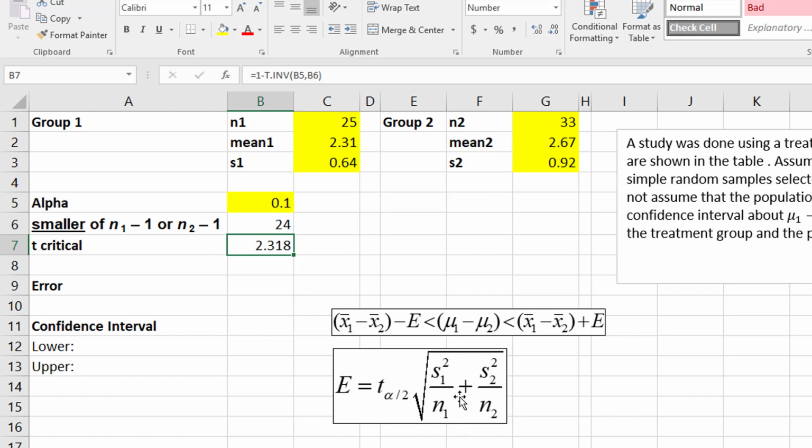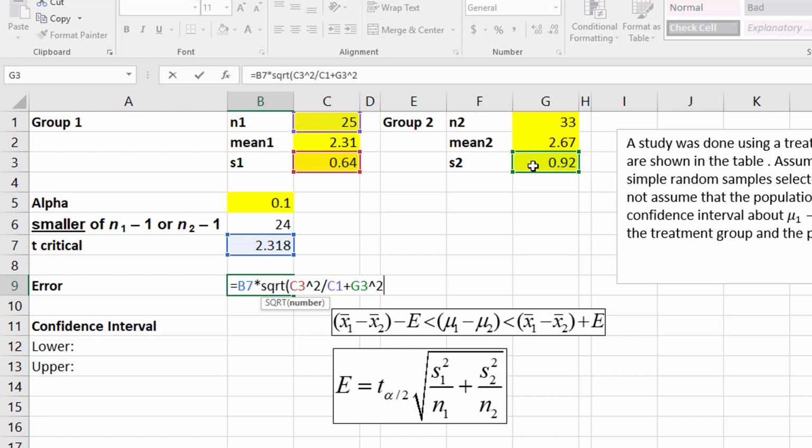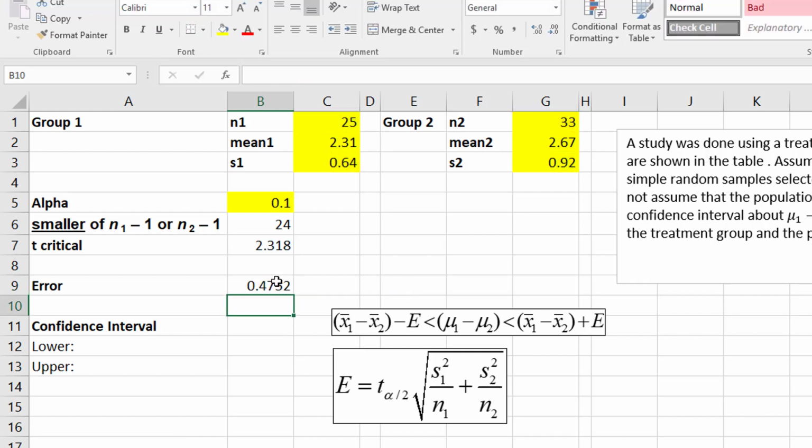And so I need my entire error, which is going to say take this value, my critical, times the square root of my first sample standard deviation squared, divided by my sample size, plus take my second standard deviation and square it, and divide it by sample size. Now this symbol right here I'm getting by shift 6 for the exponent. All right, so I press enter and that gives me my error.